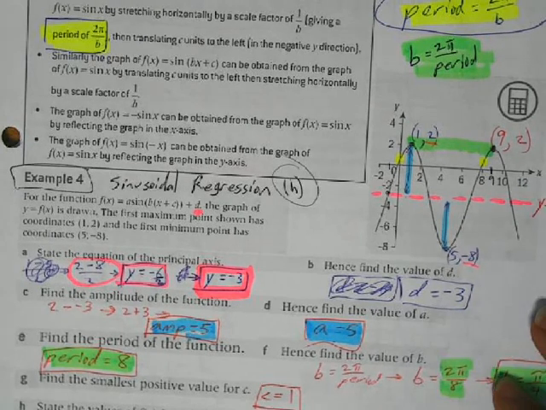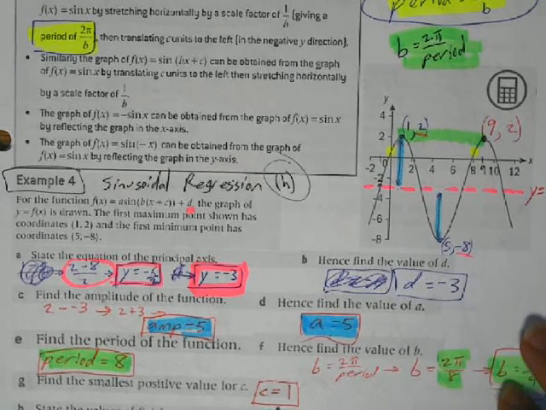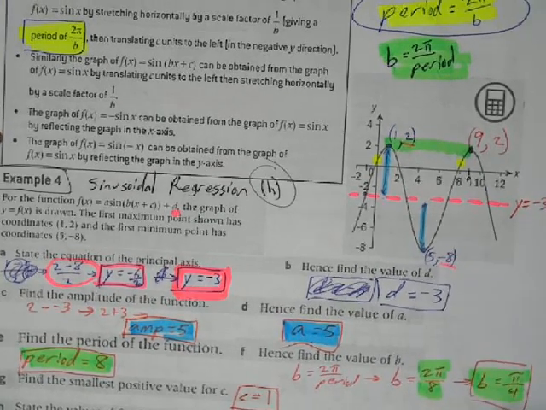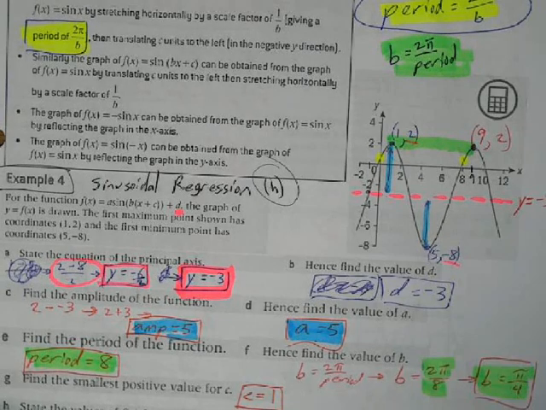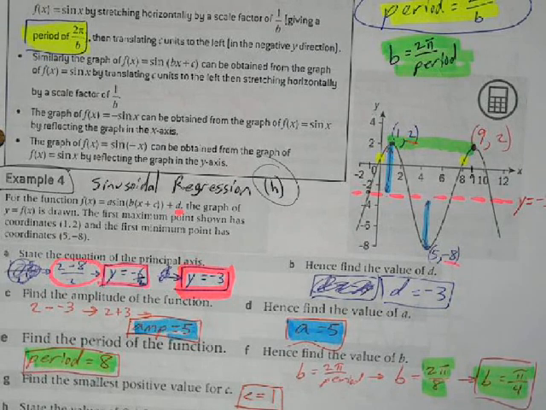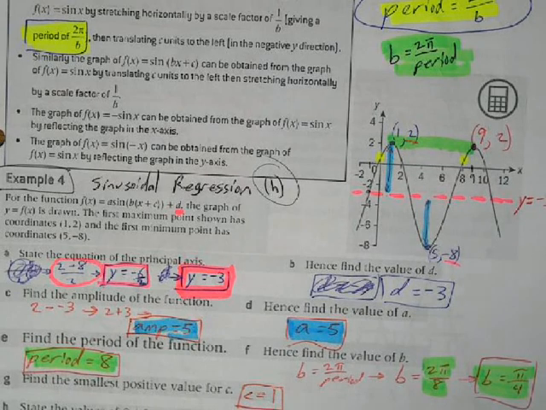So now that we've got all these values, we know our equation is y equals 5, because that's the amplitude, sine pi over 4, parentheses x plus 1, minus 3. Now we're going to use sinusoidal regression.